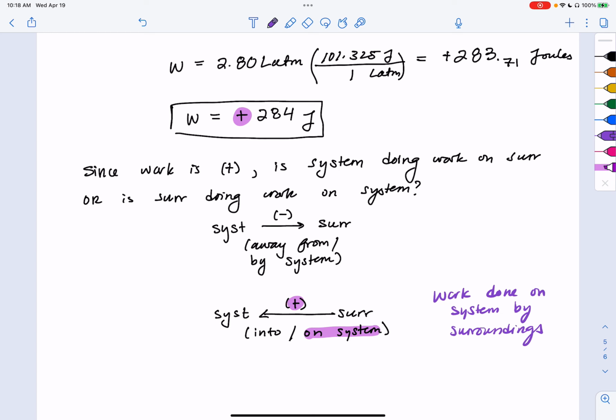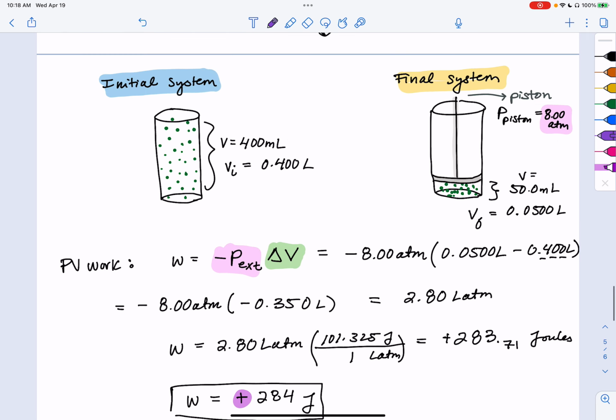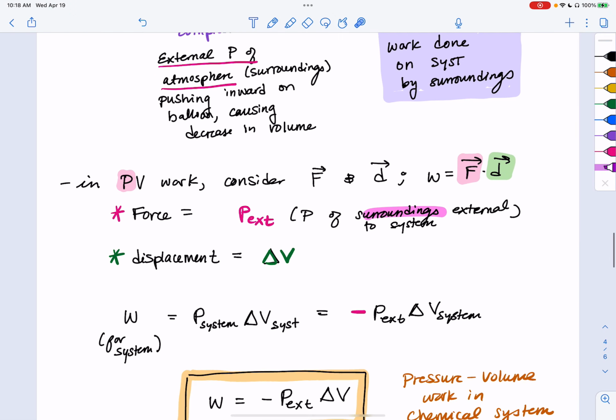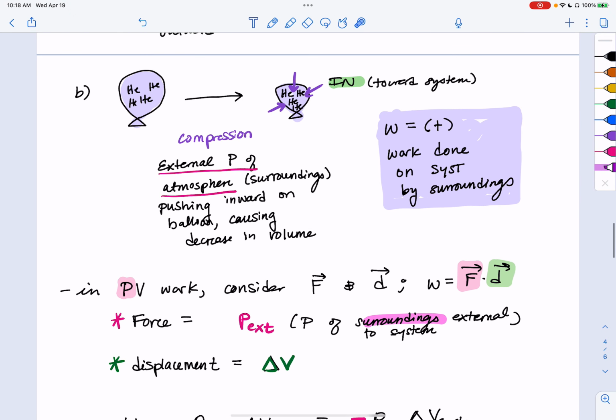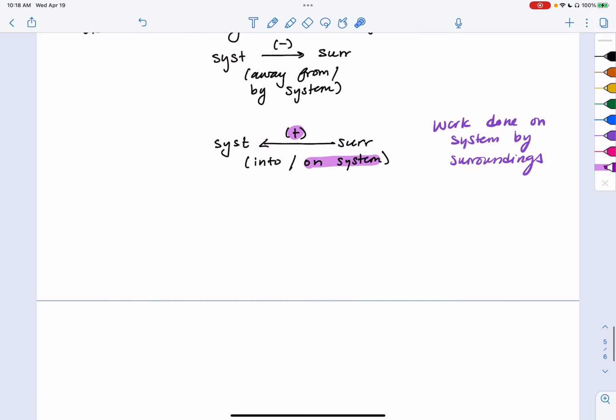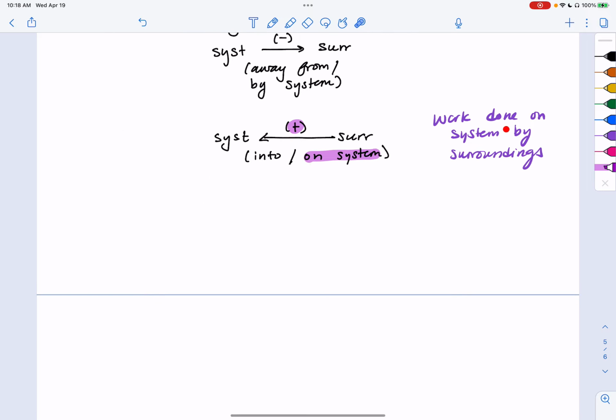Okay, let's go back up now and check our sanity and see if that is what we saw with compression, right? Because that's what's going on here. We're being compressed. Aha, compression. The work is done on the system by the surroundings. So we should have work done on the system by surroundings, positive sign.